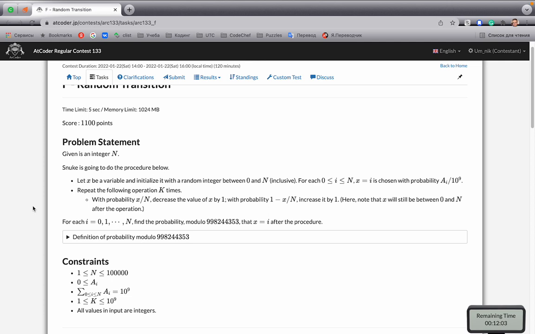We are doing k such operations, and we want to find the final vector of probabilities. And k is very big, n is reasonably big.